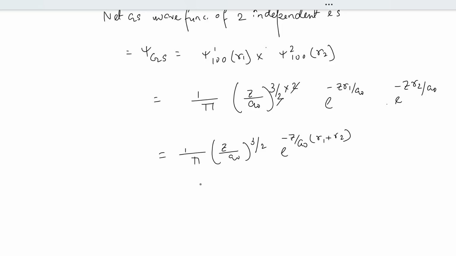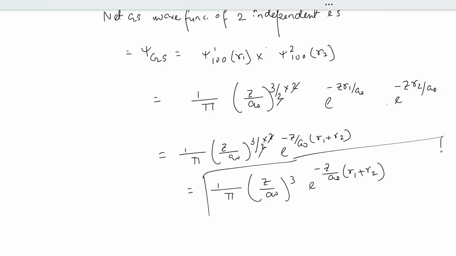So you are getting 1 by pi, z by a naught cube, e to the power minus z by a naught, r1 plus r2.